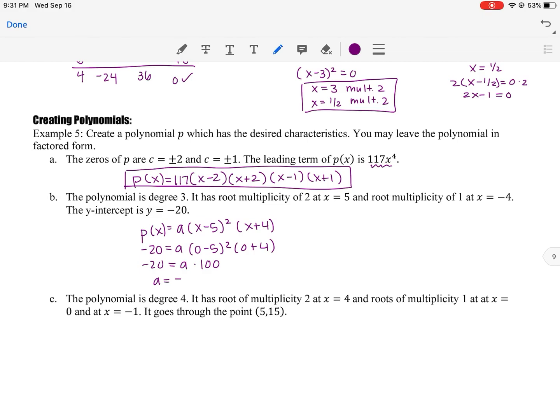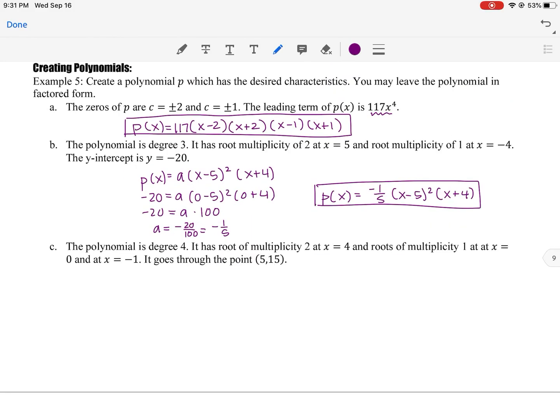So a equals negative 20 over 100, which is the same as negative 1/5. So our polynomial then is p of x equals negative 1/5, x minus 5 squared, x plus 4. Oops, sorry about that. I crossed it out.